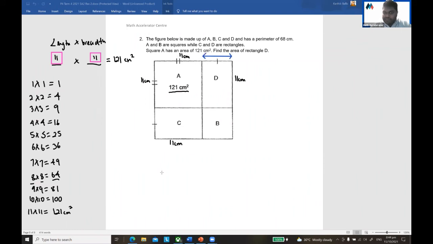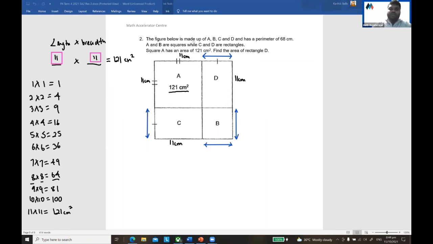And we do not know what is the length of this part here. Neither do we know the length over here and the length over here.